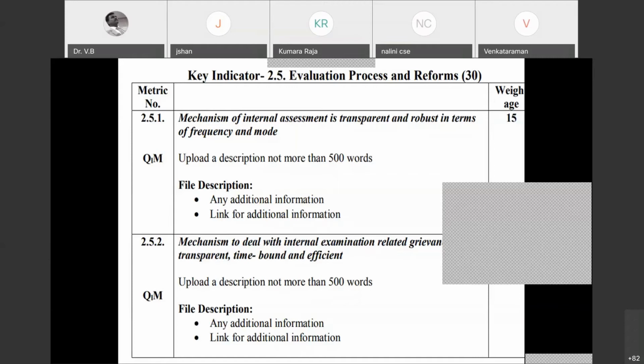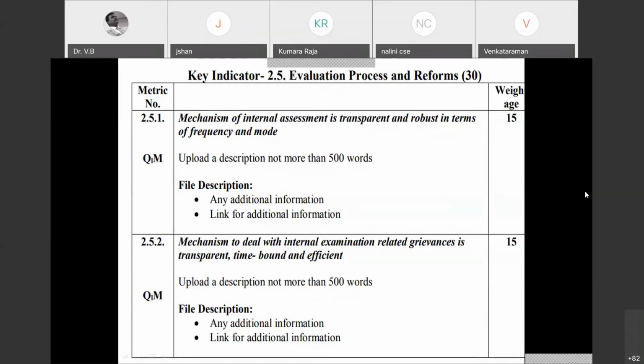So in case a student has come up with a grievance, what is the methodology that is followed? Here you need to have a copy of the letter in which he has raised the grievance. If the grievance was found to be genuine and addressed, and there was any revision of marks, then a copy of the revised mark list should be maintained.